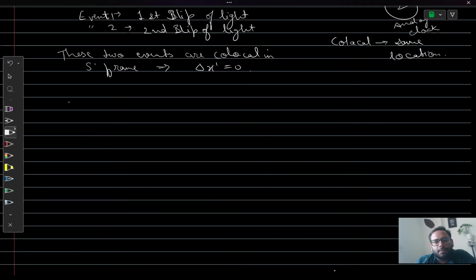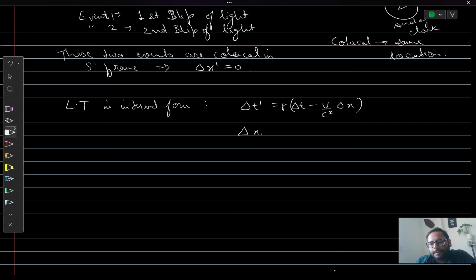Now you have the Lorentz transformations in interval form. Again, take the same thing; you can take it in symmetric form or any form, the things will not change.